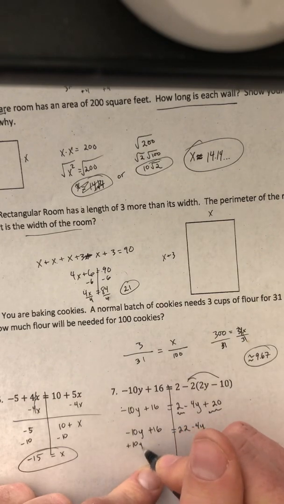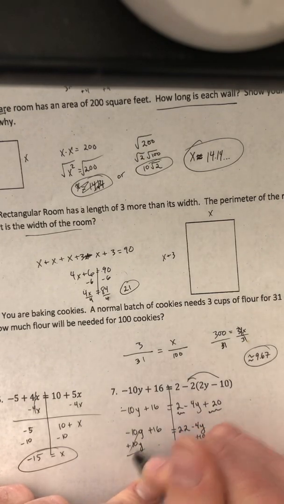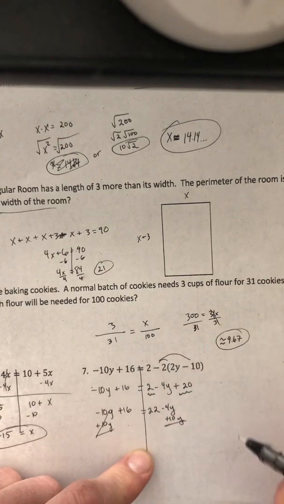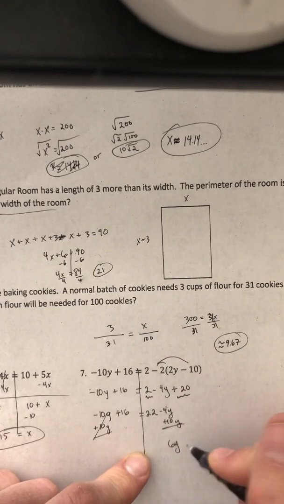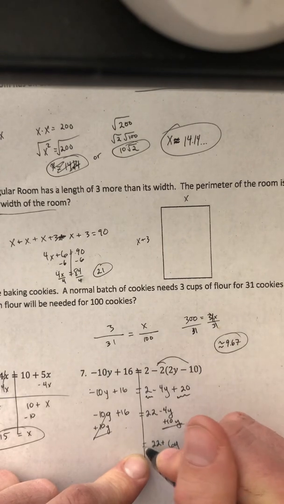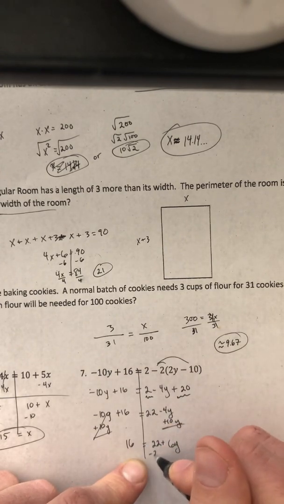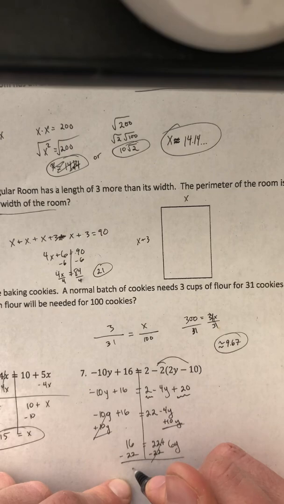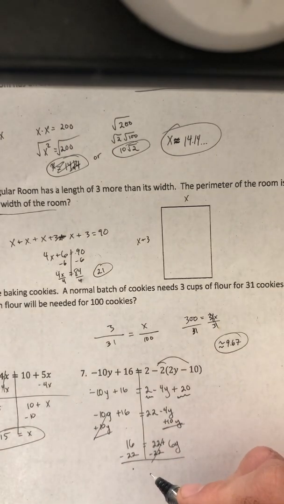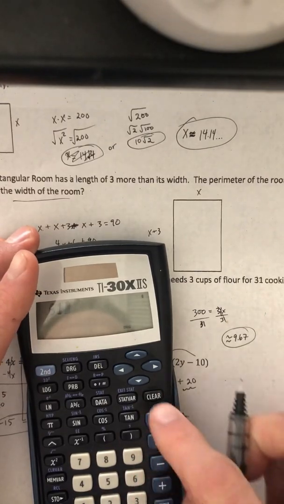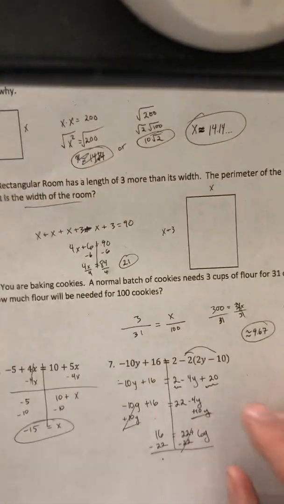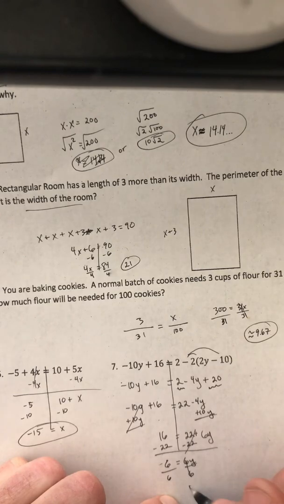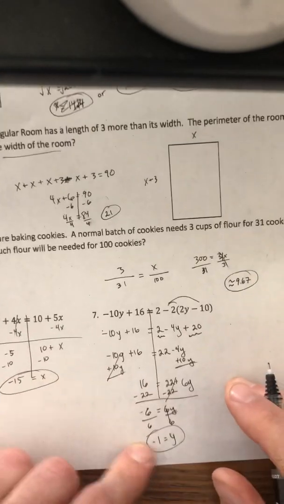I'm going to add 10y to both sides. Notice I'm trying to cancel off one, and I canceled off the lower number. So this is 6y and minus 22. 16 minus 22 is negative 6. So negative 1.